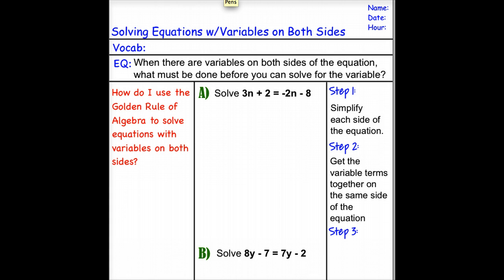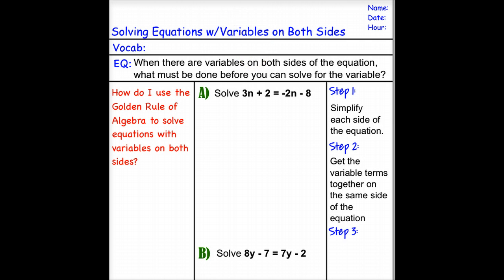So if I wanted to move the 3n, I'd have to subtract 3n from both sides. Now when I do that, over here I end up with a negative 5n, and that to me looks messy. So rather than dealing with negatives, which I know a lot of you tend to dislike, we are going to go the other direction.